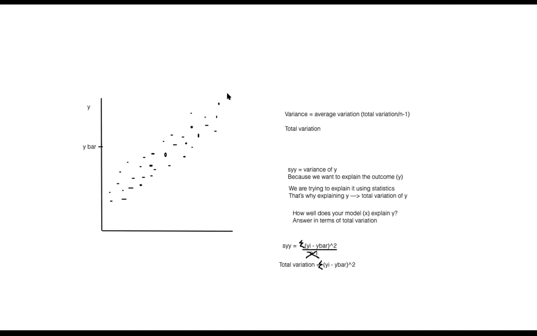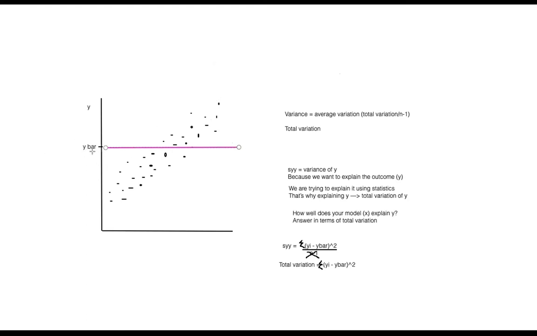Now I'm going to extend this line, and let me do it in a different color. So this is the y bar value, which I am extending all the way through my scatter plot. Now when it comes to total variation, we're looking at vertical distance.